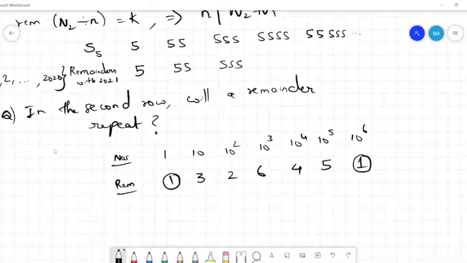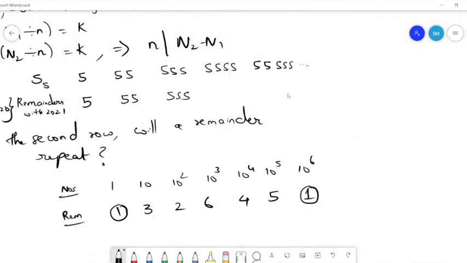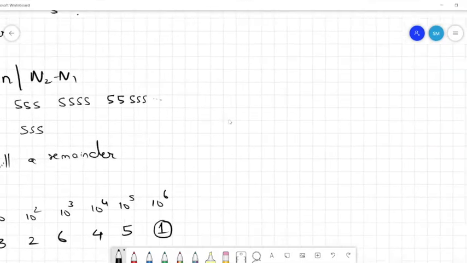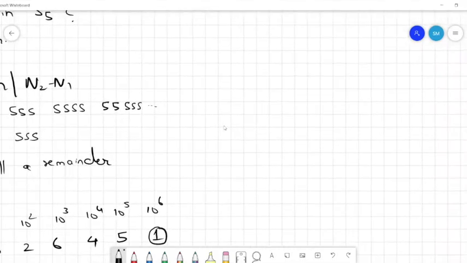Right. So, in the language of the Pigeonhole principle, how can it be said? Here I recall the Pigeonhole principle.